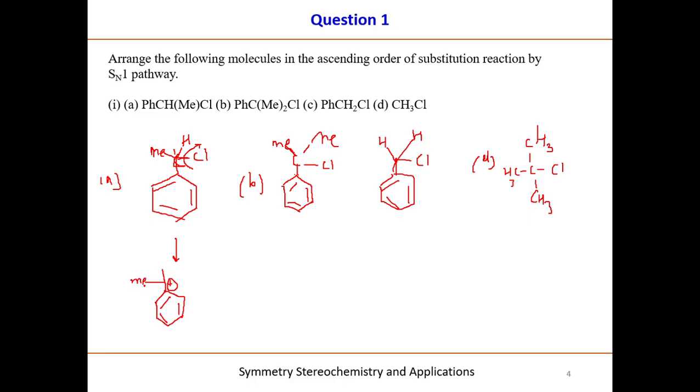As the stability of the carbocation increases, the rate of reaction for the SN1 pathway increases. As all of you know, stability of the carbocation increases the reactivity of the SN1 reaction.